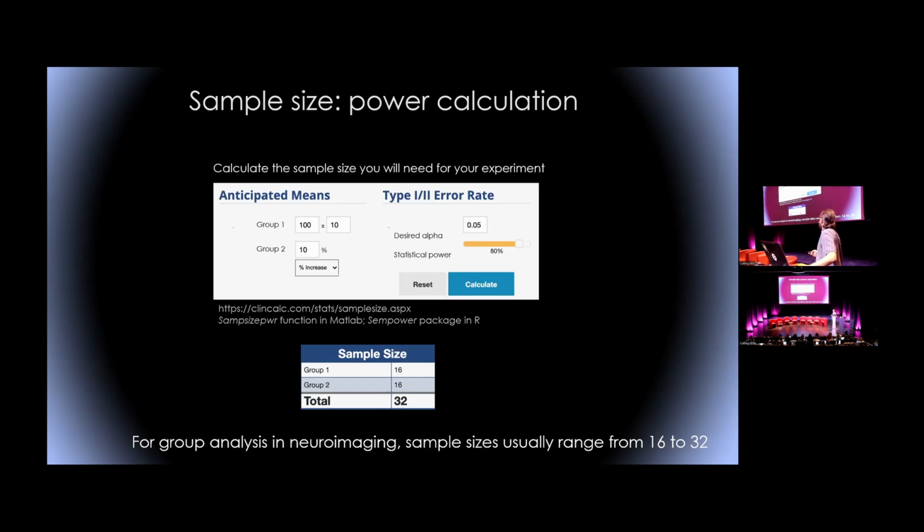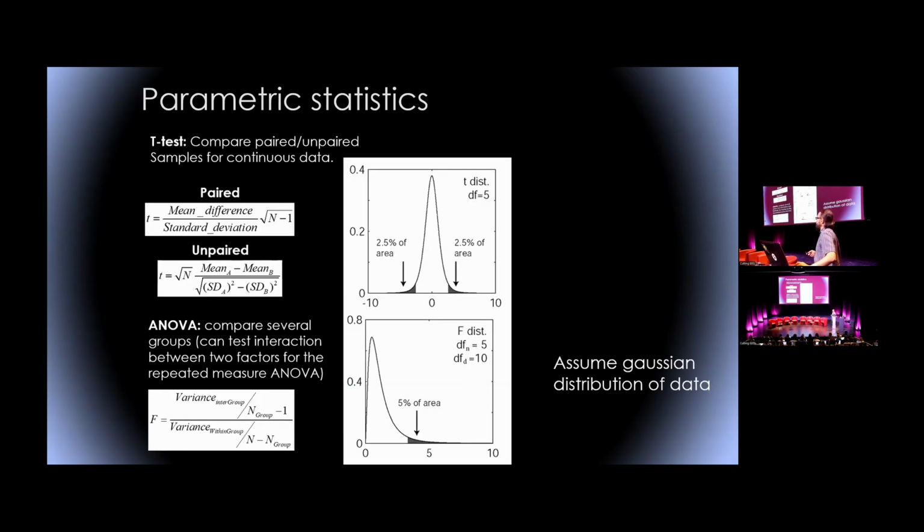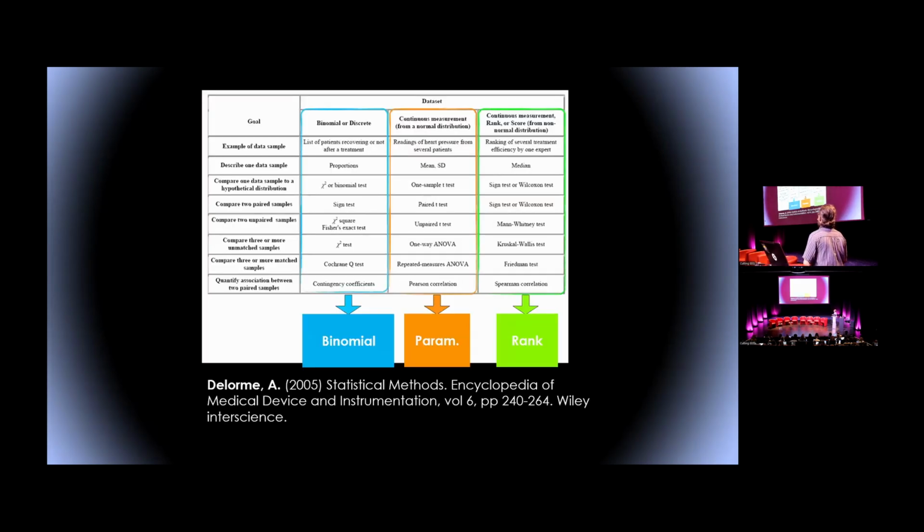So we're going to move to parametric statistics. We all know and love paired t-test and unpaired t-test. These assume Gaussian distribution. And there's actually many more of these formulas. So in the center here, we have most of the parametric measures, repeated measures ANOVA, and we have also the equivalent when we look at the rank of the data.